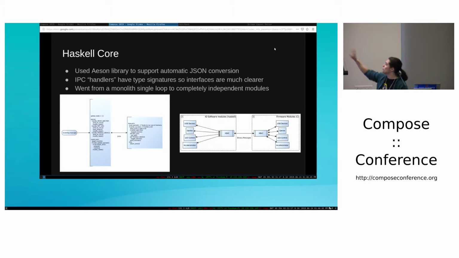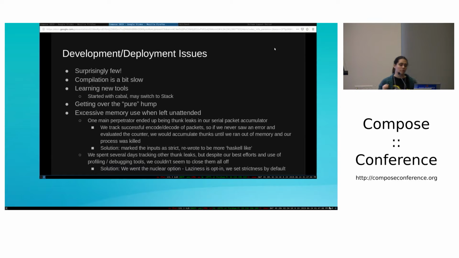We call it XBVC. That was an internal library that we worked on to generate the messages between the C and the Haskell. And yeah, kind of back to Jeff.